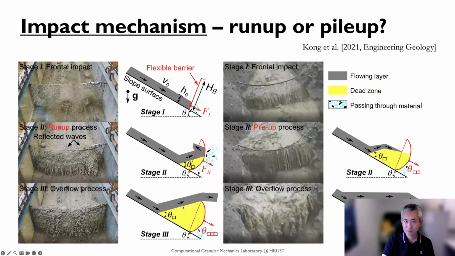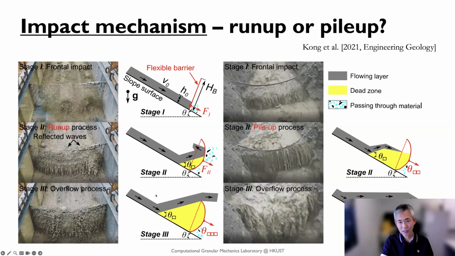Here is again a follow-up on the impact mechanisms. In debris flow study, they identified two impact mechanisms. One is called pile-up. As I mentioned, basically the debris flow will be retained by the barrier, largely layer by layer, to fill up the barrier and then form overspill, overflow here.